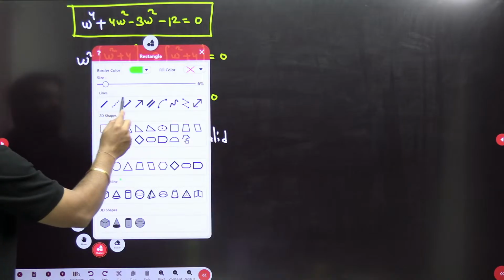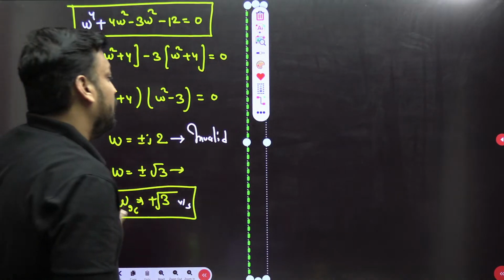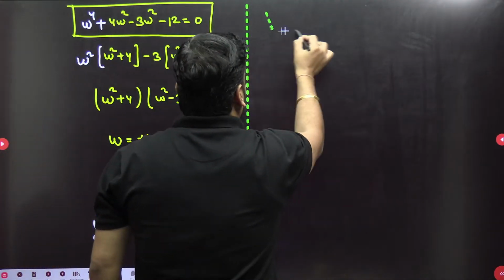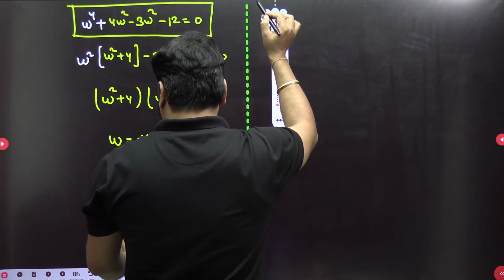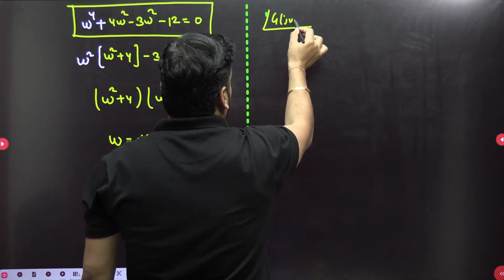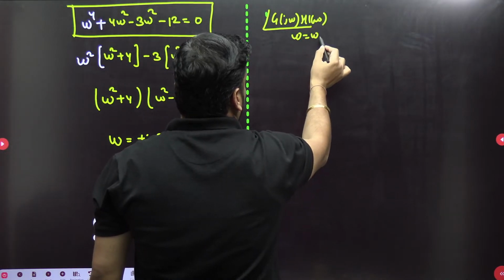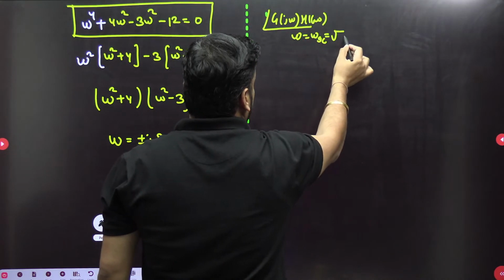And we know this fact that once we put this omega GC value in the angle, we will get phi. What is the angle equation? Tell me what is the angle equation? Angle of G(j omega) H(j omega) at omega equal to omega GC. What is omega GC? Omega GC is root 3.